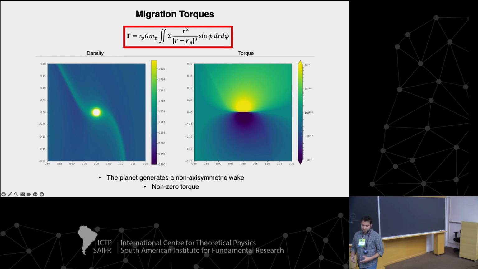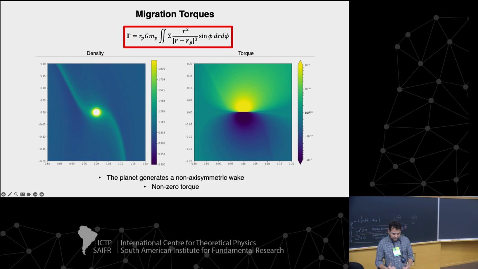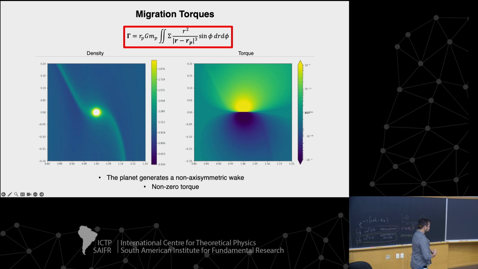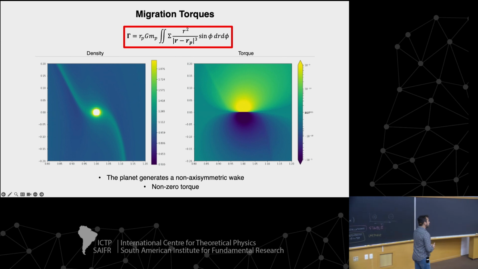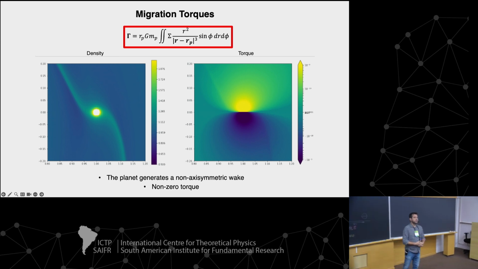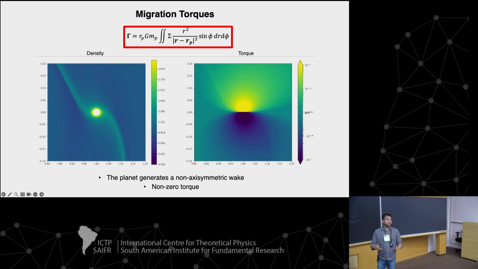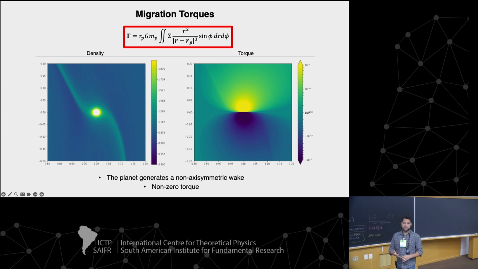Because as you can see here, most of the torque arises from a region that is very close to the planet, right? So anything that changes the density near the planet will impact the torques. In this field, I mean, being in this field for like 2 decades, it seems that every year there is a new ingredient in the model that changes the magnitude of the torque or even the direction.